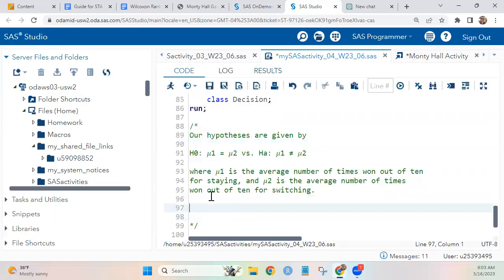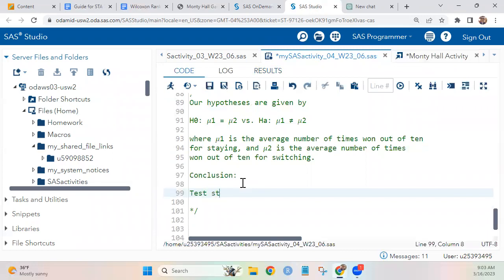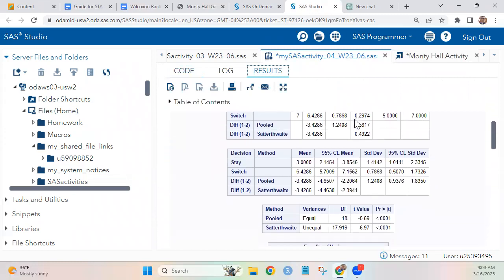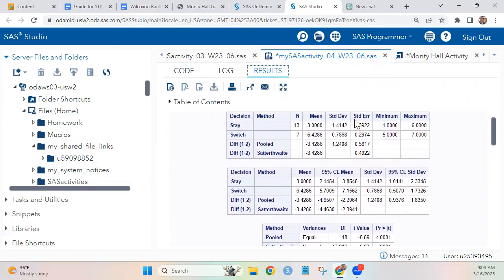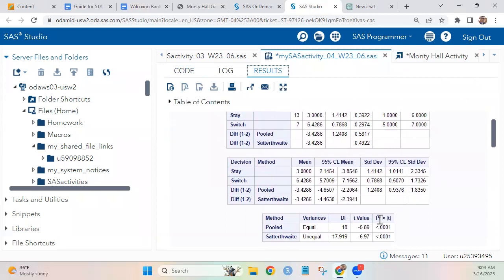All right, so conclusion. Let's give our test statistic, which is a T for this test. So from here, what is our T test statistic for the unpooled T-test? Yep, yeah, exactly.